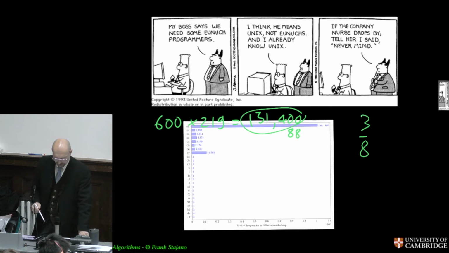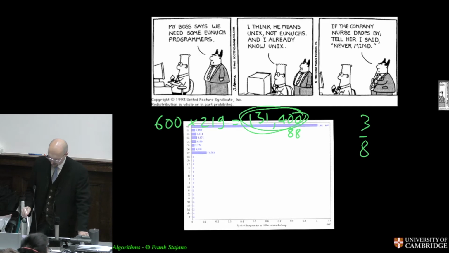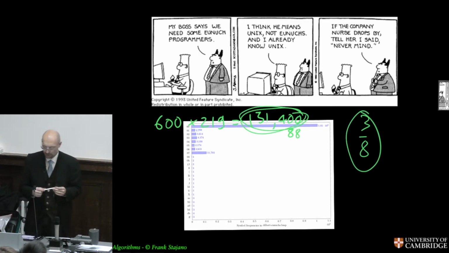But still, compared to this number times this number, is there a more efficient way of encoding this picture?